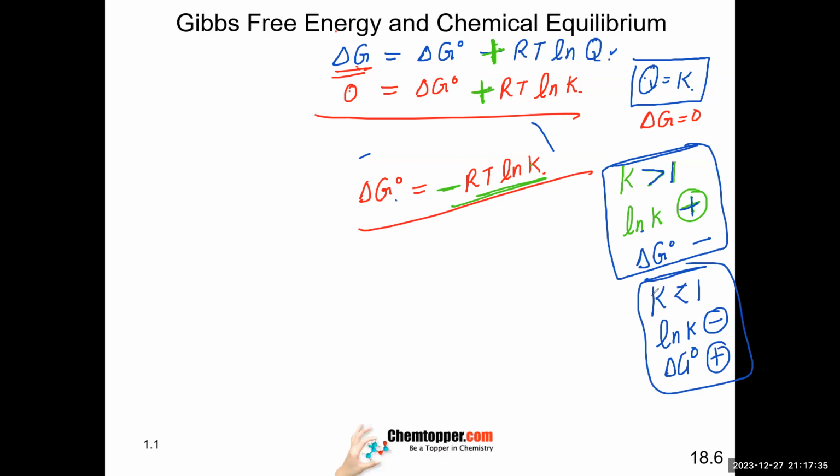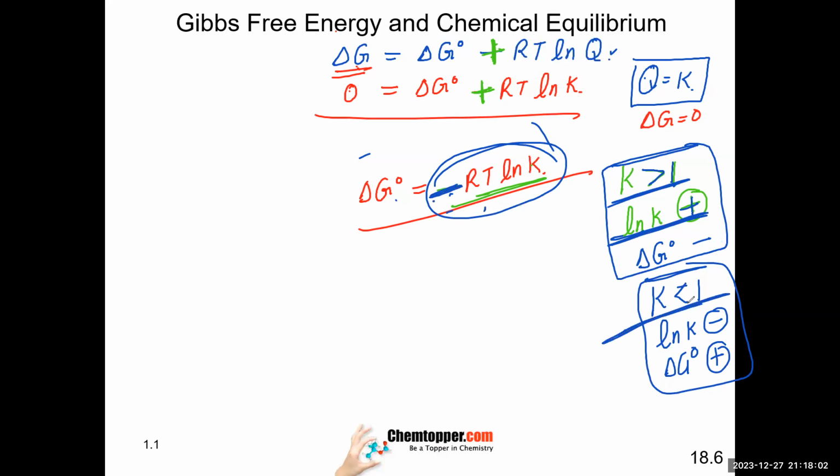I hope you're understanding this. If K is greater than 1, it means reaction is favored for products, means products are more. If products are more, delta G has to be negative. Only then products are formed. K greater than 1, ln K value will be positive. When you're going to plug in here, your answer will remain negative. Delta G negative.